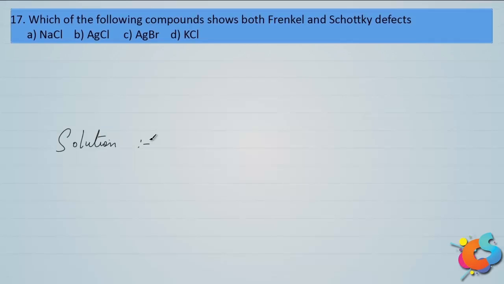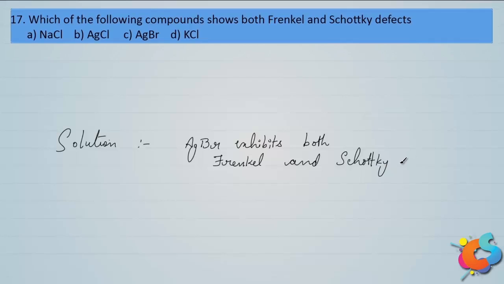The solution is AgBr is the compound that exhibits Frenkel as well as Schottky defect. Therefore, the right option is option C.